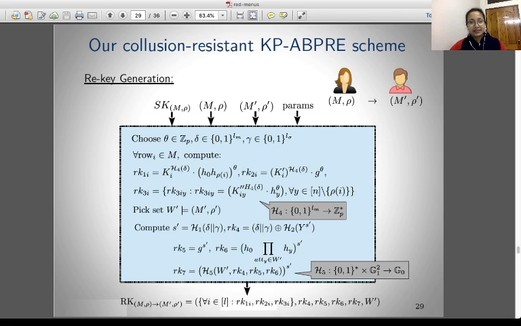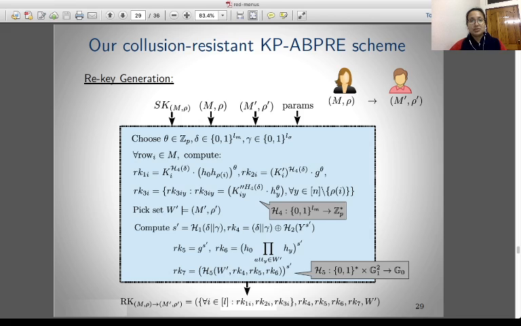And then it is going to pick at random an attribute set W' which satisfies the delegatee's access structure M' rho', and again compute the value S', the components of rekey 4, rekey 5, rekey 6, and rekey 7, which is a BLS signature on the components W' and the other rekey components.